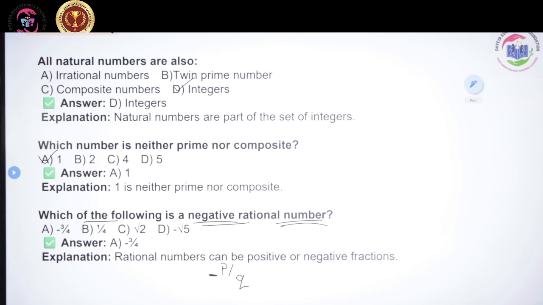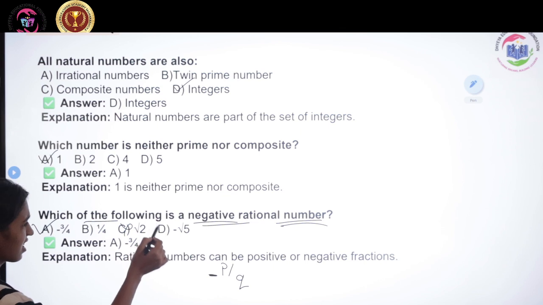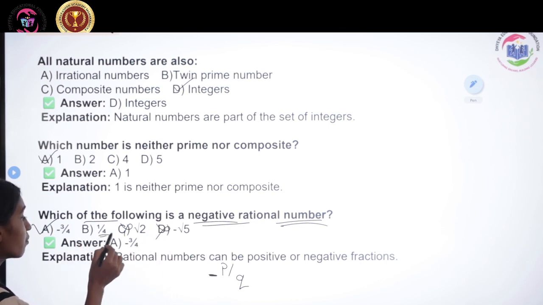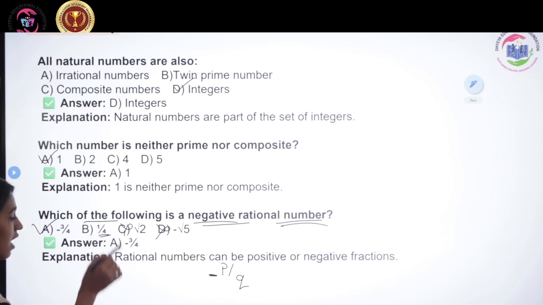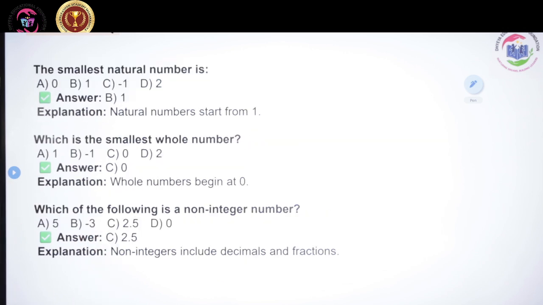Which one is a negative rational number? Option A is the correct answer, because options C and D are irrational. B is also rational, but it is positive. It has no sign, which means it has a plus sign. Let's move on to the next slide.